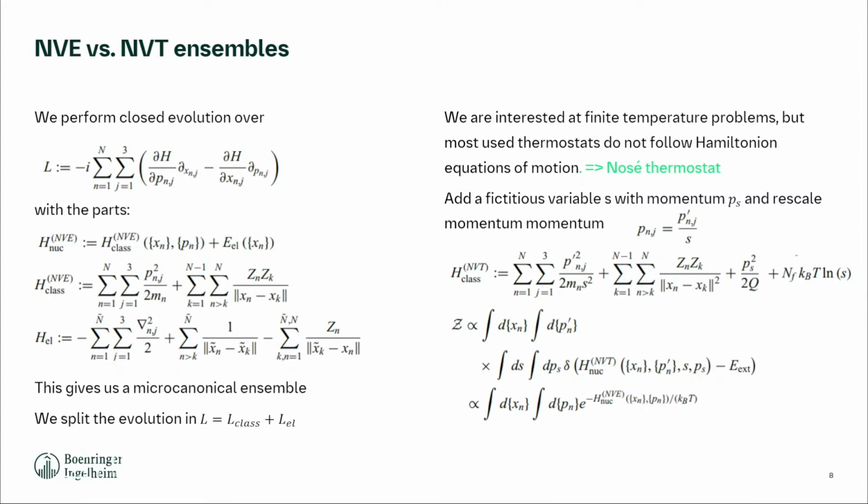Then you have some extra terms in your Hamiltonian, and you need to rescale your momentum by S. So you do dilate the momentum, basically. But you can simulate this as a closed system, and then later trace out this S and the canonical momentum of the bath variable.